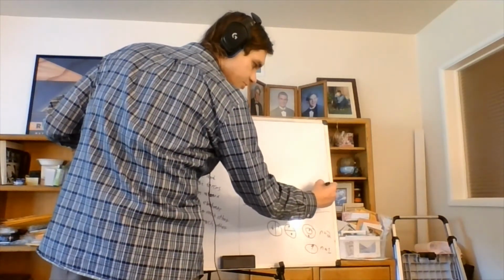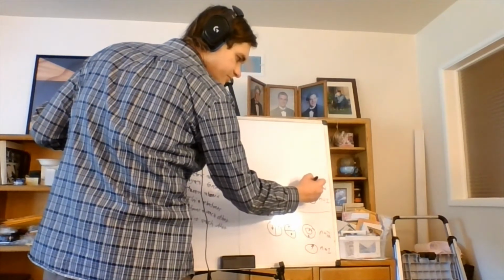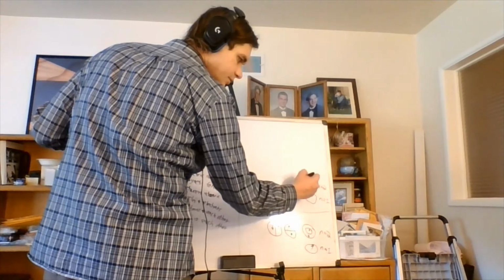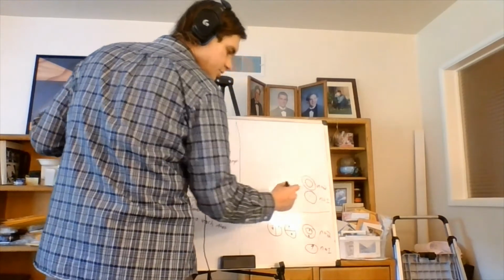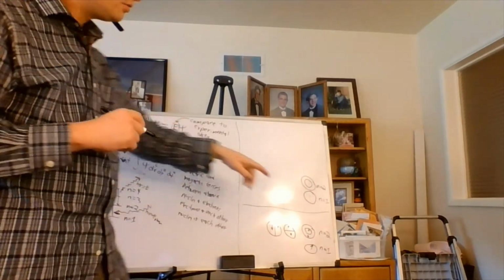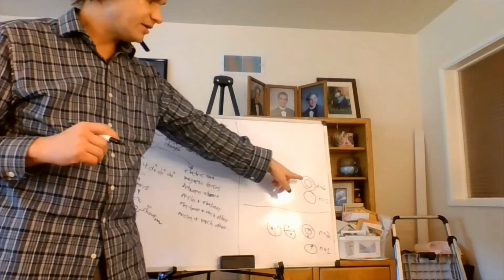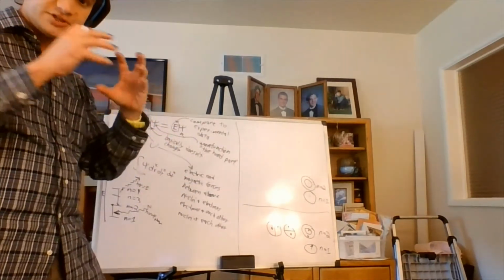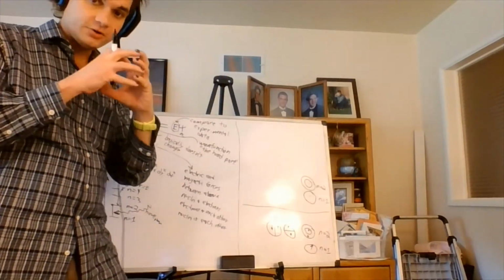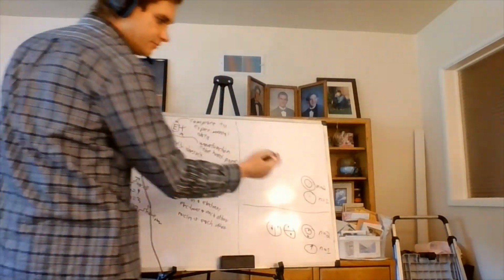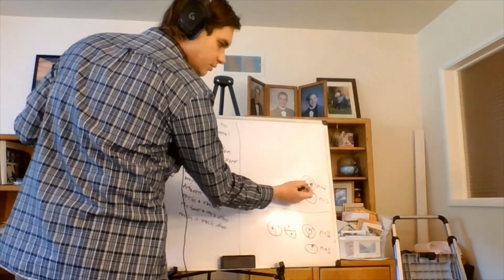At n equals 2, the next level up, here's our nucleus, we have the spherical shape, and then we have one node, because this is the second level. That node is another sphere. So we've got the big sphere, and another node within the big sphere. At this node, the wave function goes to 0.